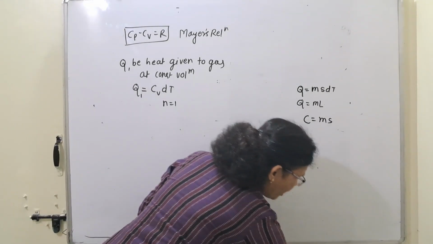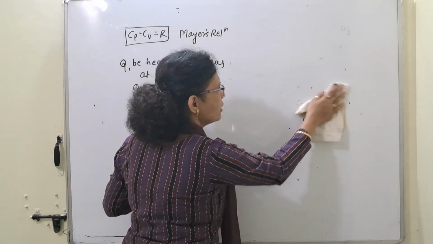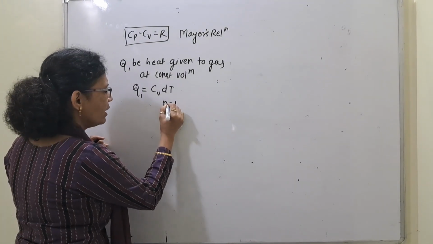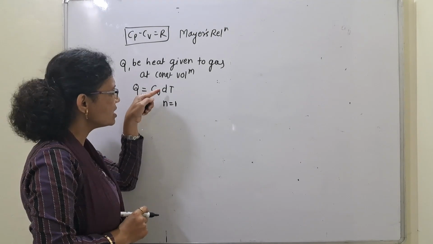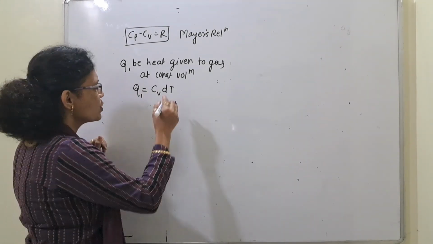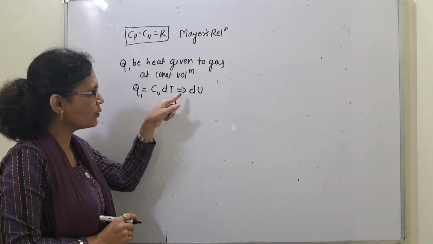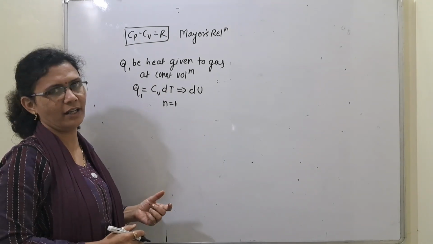Now, this is at constant volume, so if there is only an increase in temperature, it is a change in internal energy, right? So you can write it like this, it is equal to dU. This is the change in internal energy only.